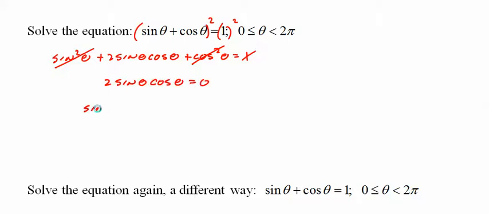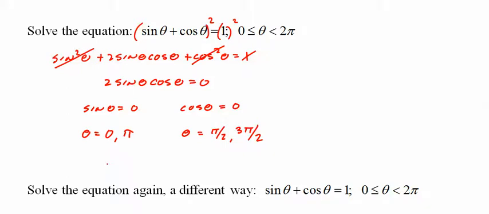So either sine of theta equals 0, theta equals 0 or pi, or cosine of theta equals 0, theta equals pi over 2, 3 pi over 2. Well, we got to go check for extraneous because we squared both sides.